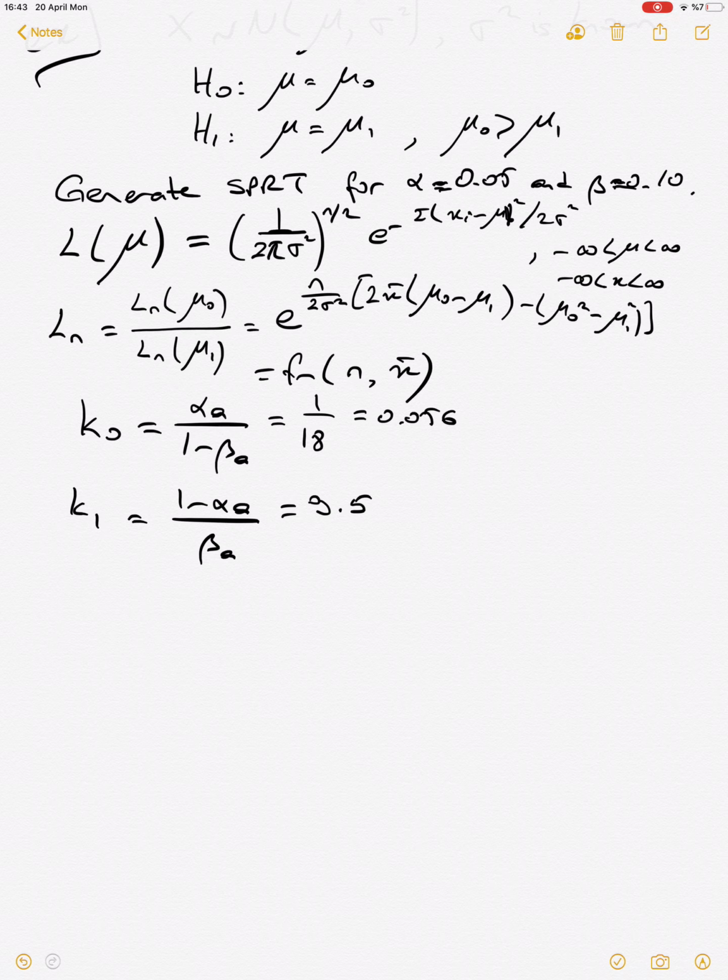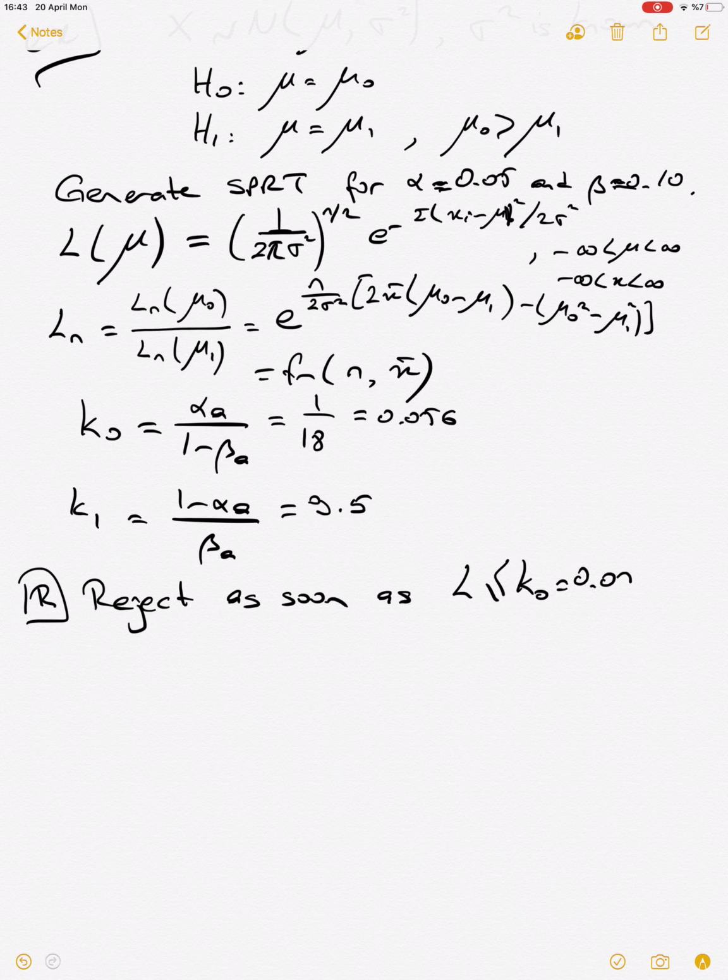Okay, so then we can define our rejection region. Reject as soon as L sub n is less than or equal to K0, which is already calculated.